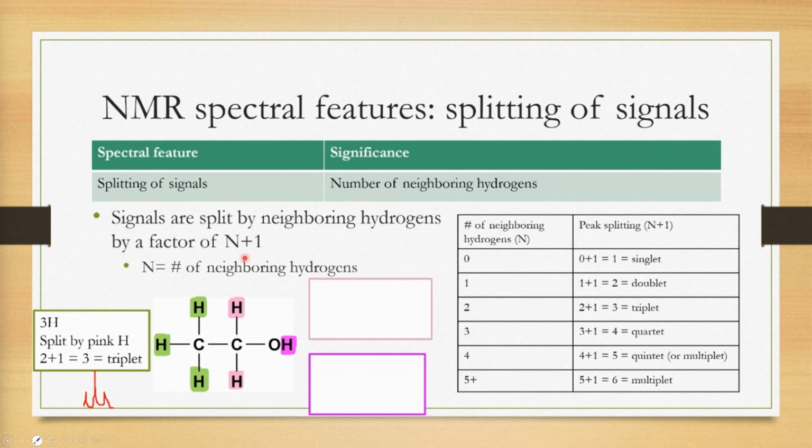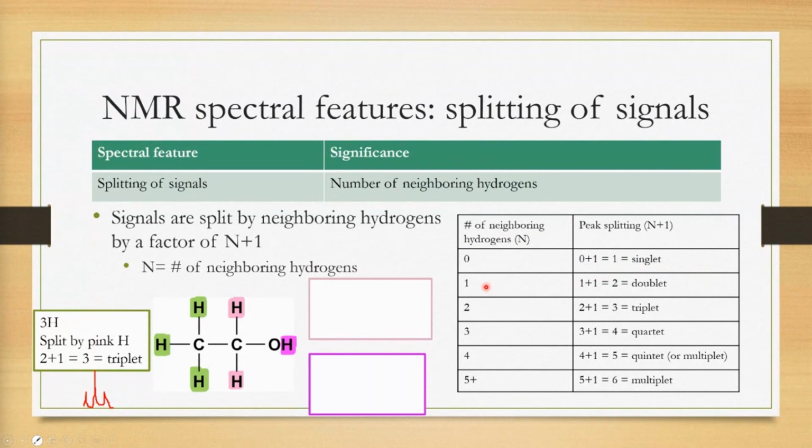So we said signals are split by neighboring hydrogens by a factor of n+1. If you have a hydrogen without any neighboring hydrogens, then the peak will be a singlet, just a single peak on the spectrum.